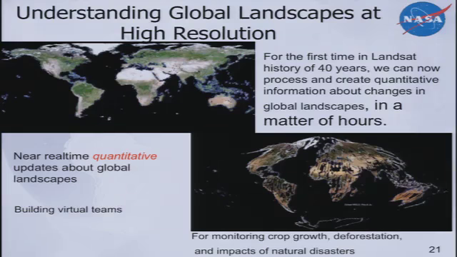Okay, here's one example. We have 20 years of Landsat data set. This morning, I think Jeff showed the Landsat data set on the lower right. You can see the lines between different orbits, different scans, different swaths.